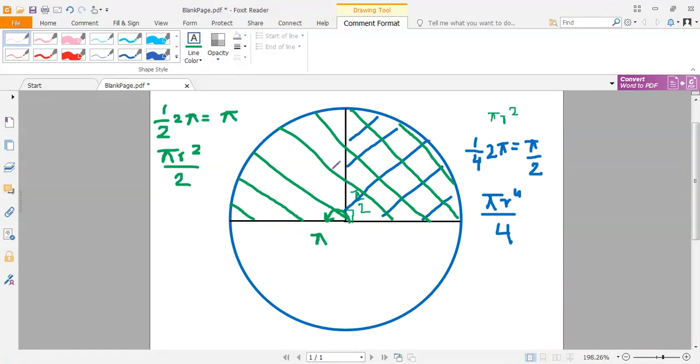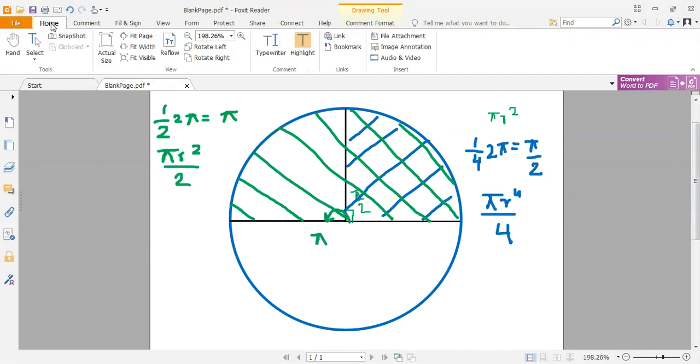So what we note is that if the sector that we are considering is 1/4 of the entire circle, then its area is pi r square by 4. If the sector that we are considering is half of the circle, then it's pi r square by 2.